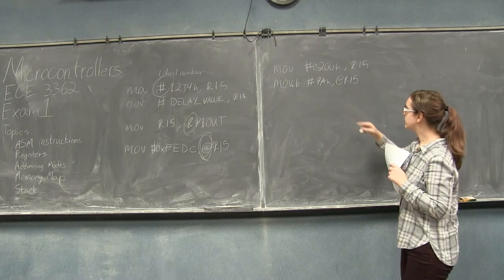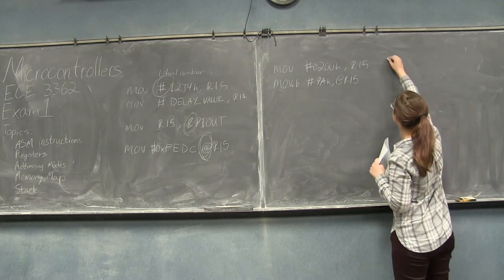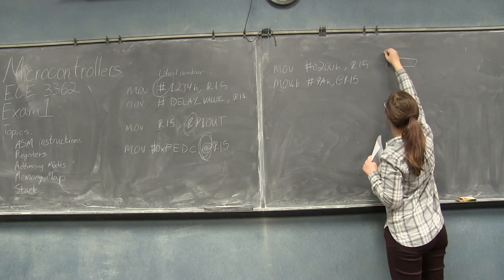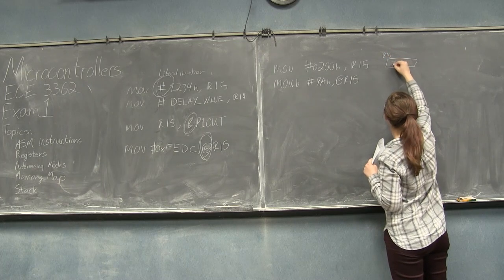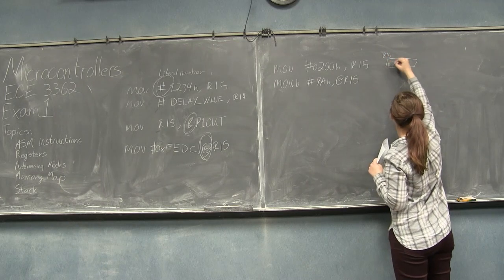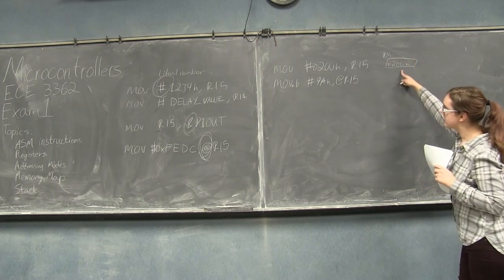What actually is happening here is R15 contains the value 200 hex.